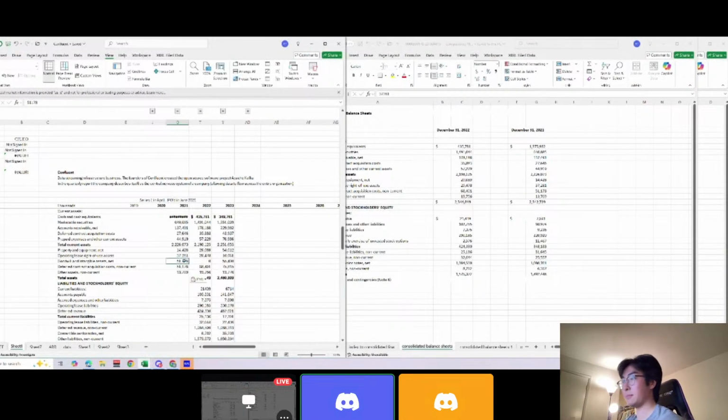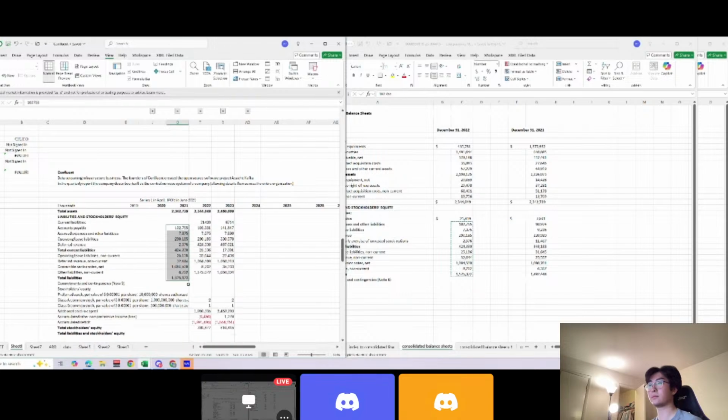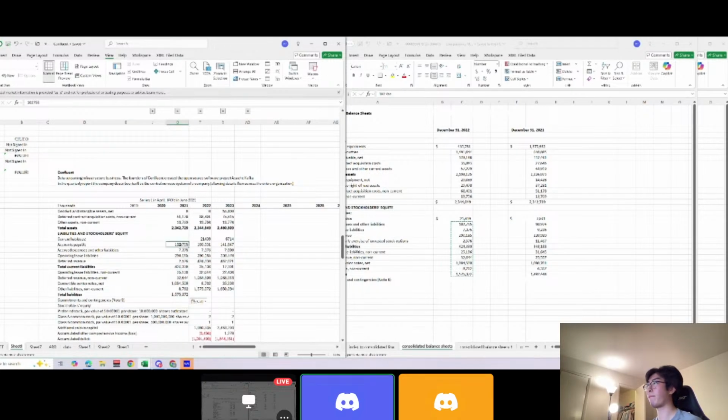Okay, so I guess they made an acquisition then. 2023. Yeah, that makes sense. Current liabilities, accounts payable. Okay. Accrued expenses.